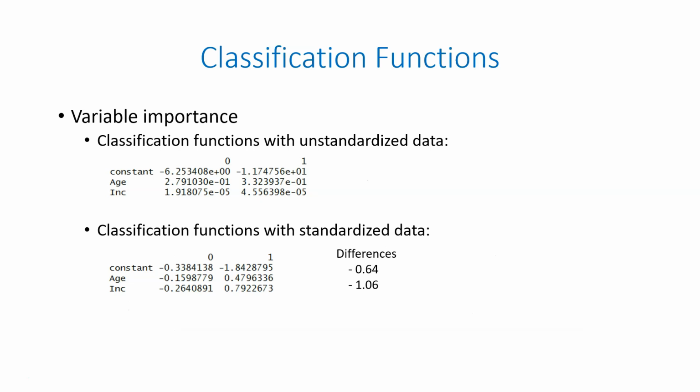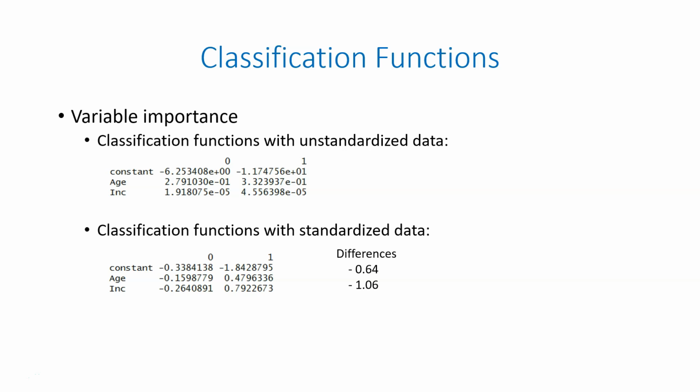Finally, the classification functions also allow us to understand the relative importance of the variables in differentiating the classes. For example, is age or income more distinguishing or discriminant in predicting whether a customer is going to respond to a home equity line of credit offer or not?